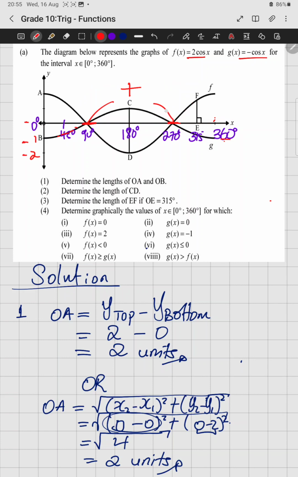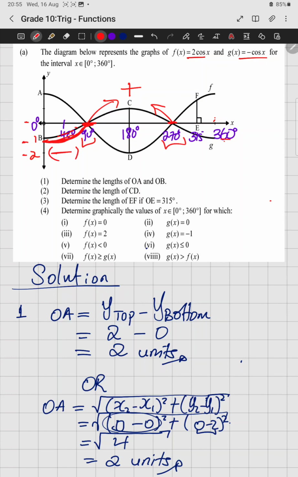We want the part when g of x is less or equal to 0, meaning that it is negative. That means between 90 and 270, between this part here. We're not going to focus on this other part at this moment in time. Starting from 90 again going down to that -1, this portion is below 0. It is negative.